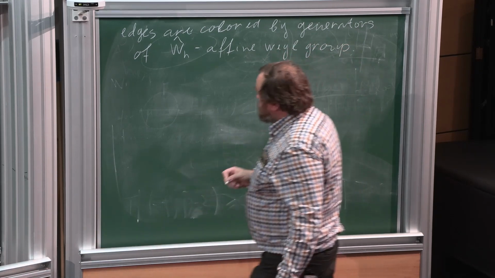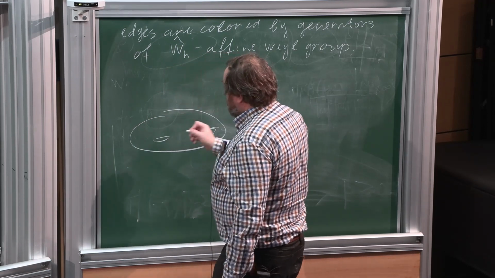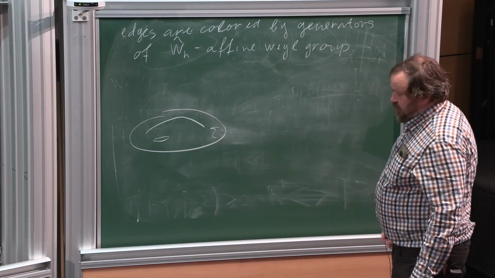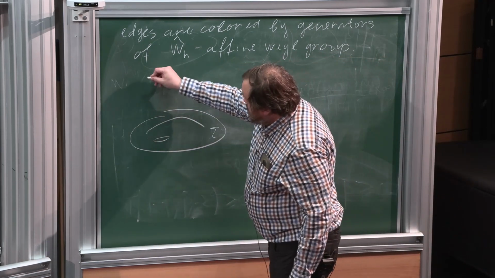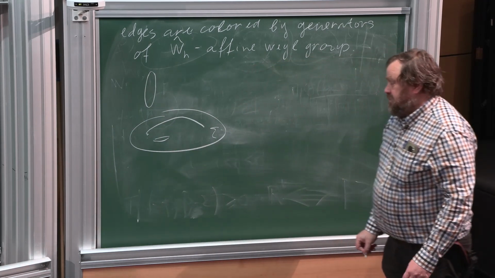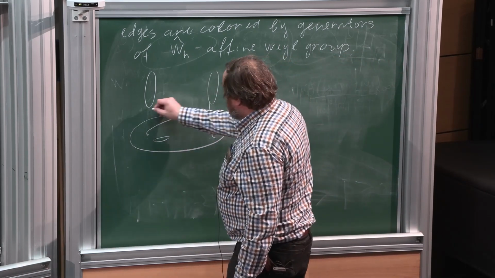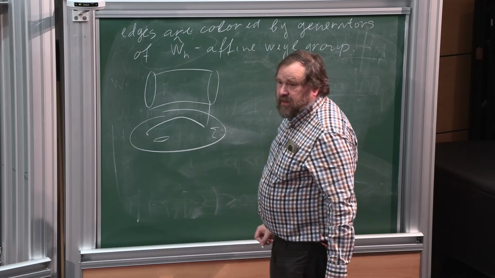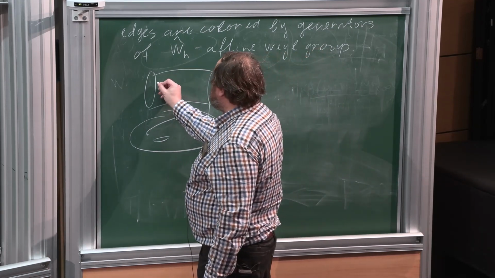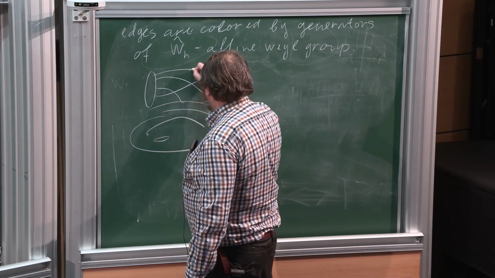Why is it the case? Because you have a surface sigma. Let's take a path on the surface. Over each point of the path there is a circle. So over a path you have a cylinder, and if you intersect the cylinder with the sigma tilde, it will give you something like that, some diagram of this type.